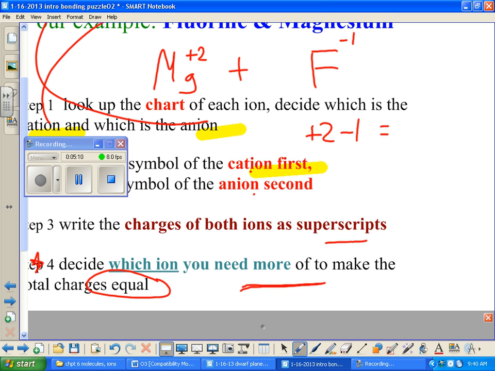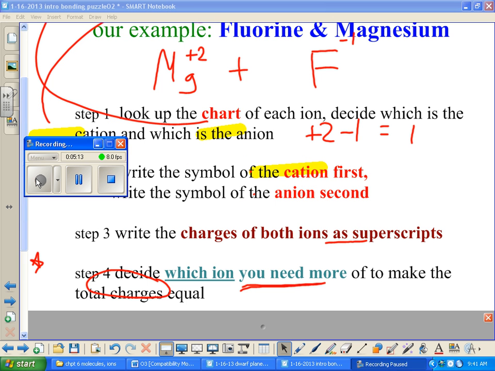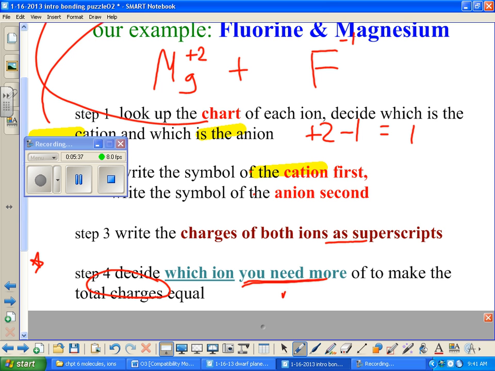You can't put that away. We want it to be equal. We want this math equation to be 0. So, Candace, do I need more pluses to make this thing become 0? Or do these look like I need more minuses? Thank you. We need more minuses. So we have decided in this case we need more of these F minus 1s, don't we?